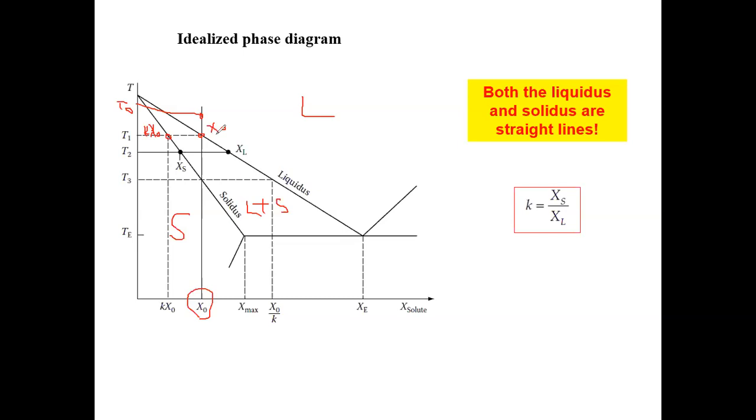So the liquid has X naught and the solid has KX naught, which is the initial composition for my solid phase. Does this make sense to everyone? So you see the convenience come into play: we can easily compute the composition of the phases at any temperature.